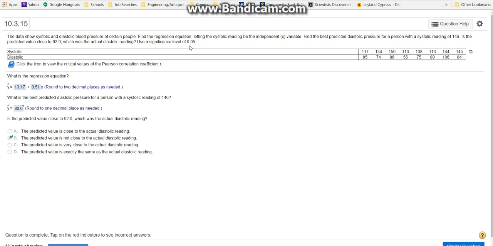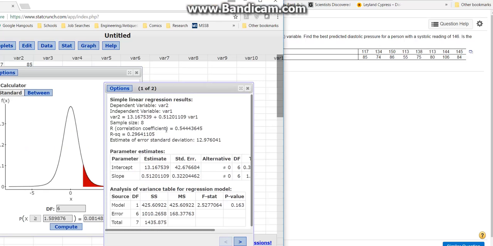What does that mean? If the p-value is bigger than alpha, I fail to reject the null. What is the null for a regression or correlation? It is that the slope and or the correlation is statistically equal to 0. So even though I ran this analysis and I got a correlation of 0.544, numerically speaking, that's not 0.